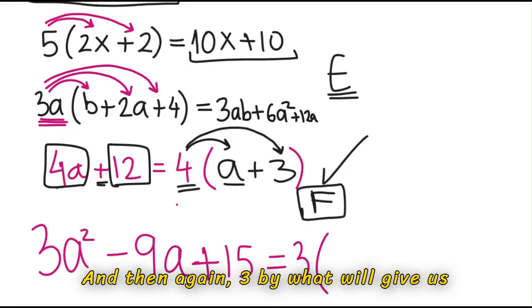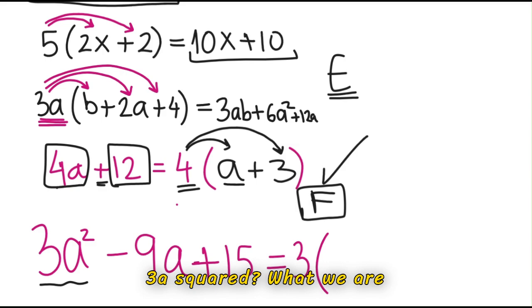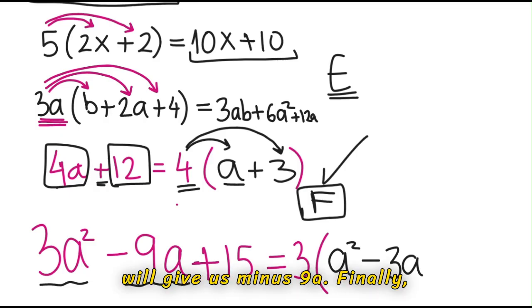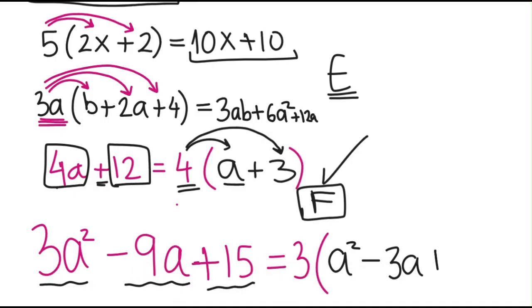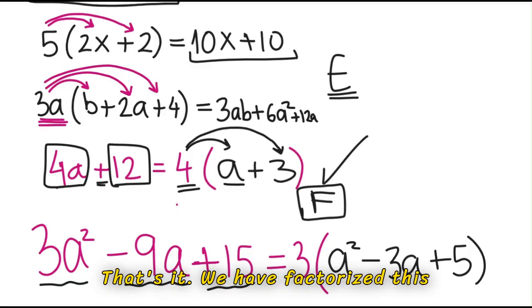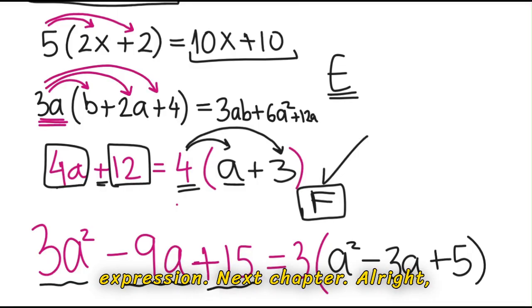And then again, 3 by what will give us 3a squared? What we are missing is a squared. Then 3 by what will give us minus 9a? 3 by 3a will give us minus 9a. Finally, 3 by what will give us 15? 3 by 5 will give us 15. That's it. We have factorized this expression.